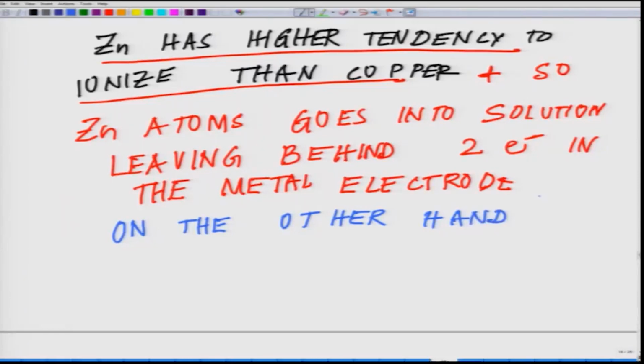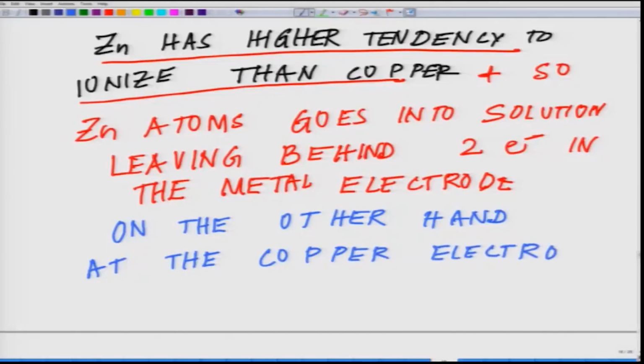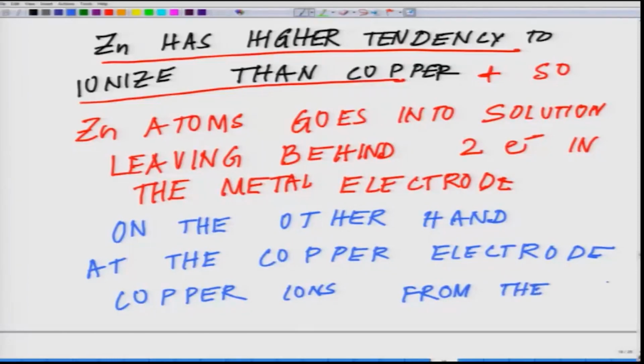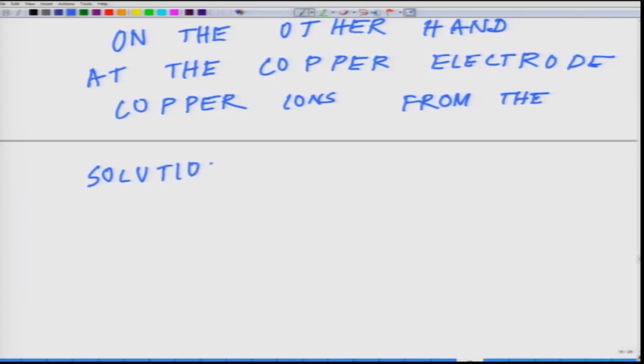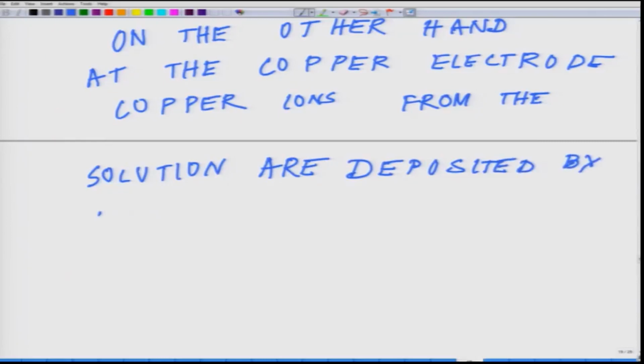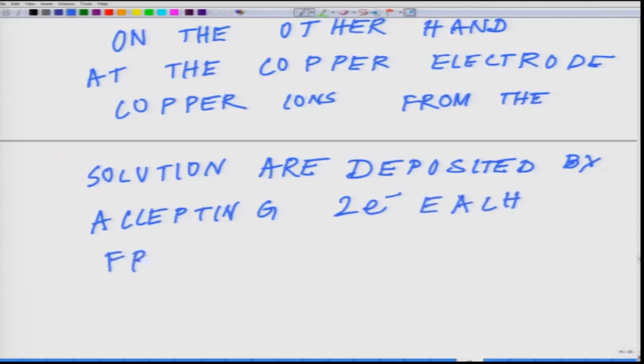On the other hand, at the copper electrode, copper ions from the solution are deposited by accepting 2 electrons each from the electrode.